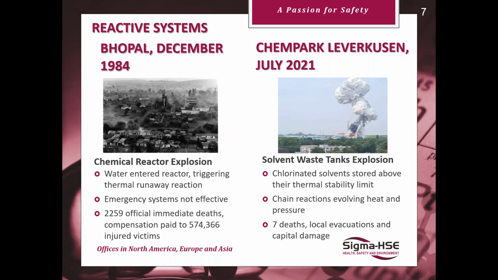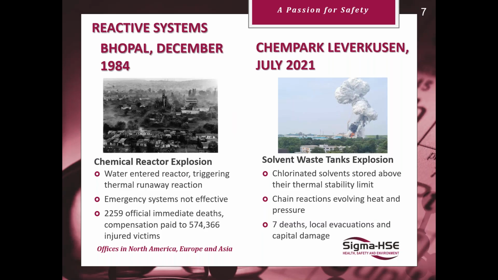Bhopal in India was a very famous example of a chemical reactor explosion. Some maintenance washing processes, where equipment and controls weren't sufficiently in place alongside operator and process failure, led to incompatible materials mixing, leading to thermal runaway, and unfortunately many deaths in that case.